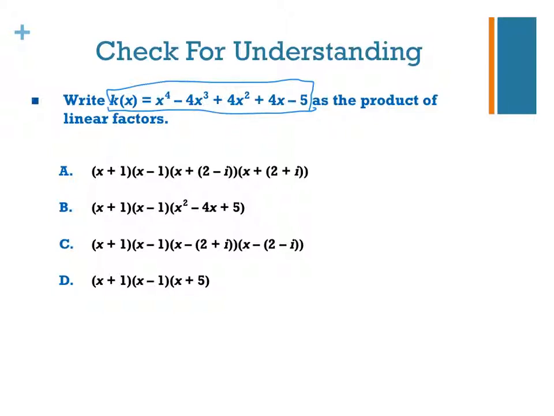Just because it's a degree 4 polynomial, I know it should have 4 zeros, thus it should have 4 factors. So go ahead and work this problem out, and then press A, B, C, or D to submit your answer.